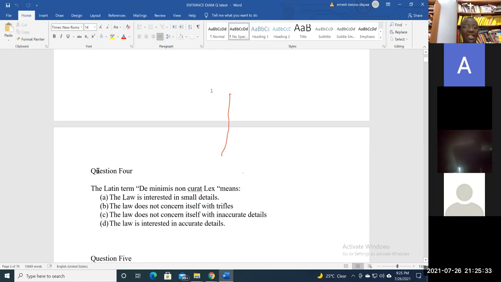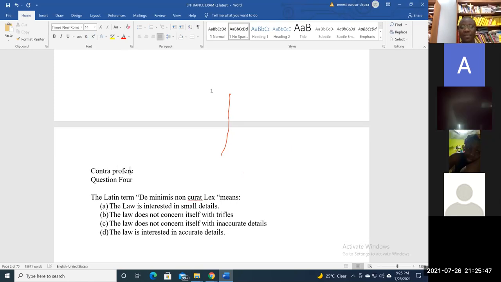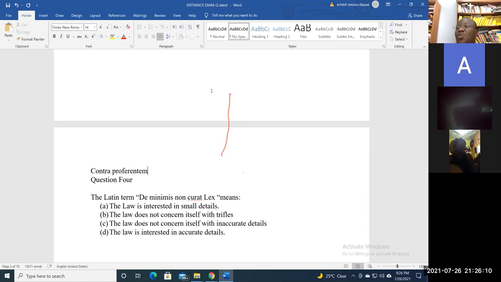So let's say that in contract, if the question said, what is the meaning of contra proferentem, you simply have to remember that we are talking about the rule which says that where there's an ambiguity in the contract, especially an exemption or exclusion clause, it is supposed to be interpreted against the person at whose instance the exemption clause was included in the contract. So we see how we have also used Latin expressions from contract.